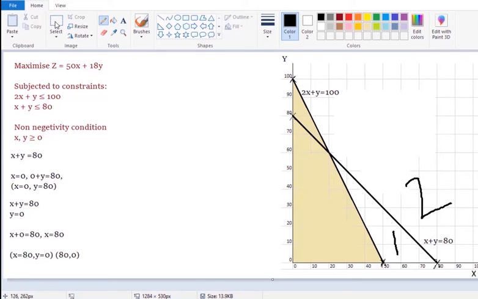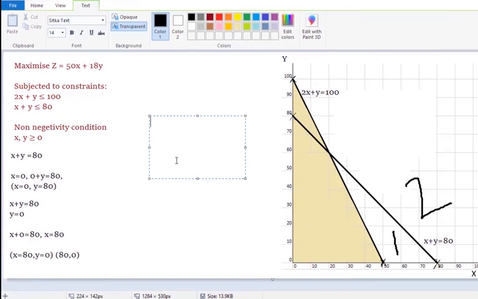If I substitute 0, 0 in x plus y less than or equal to 80, I get 0 plus 0, that is equal to 0. That should be less than or equal to 80. And this is correct. So that means region 1 is the region of interest.